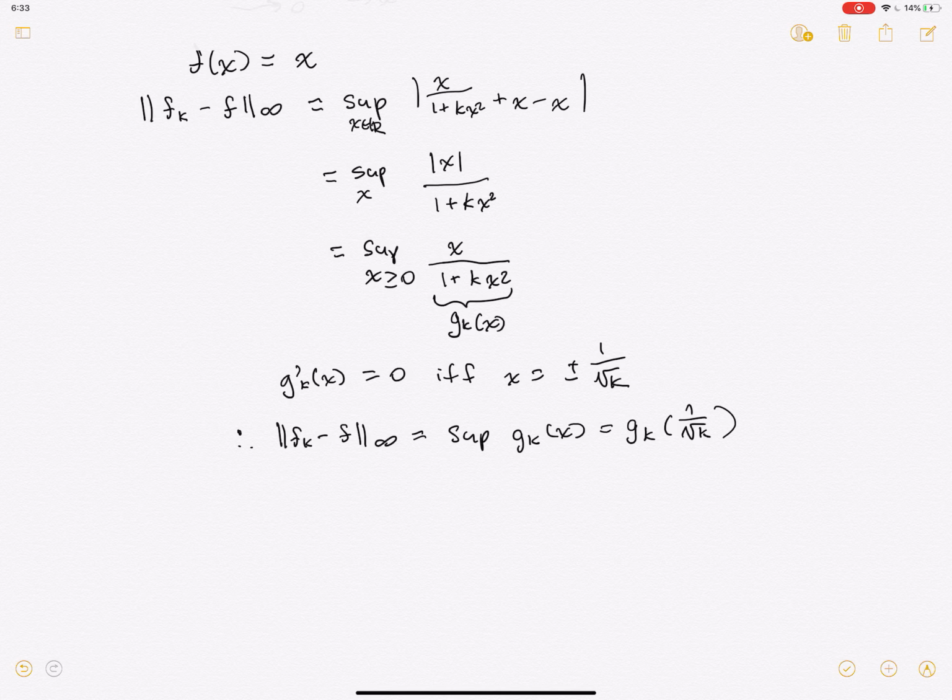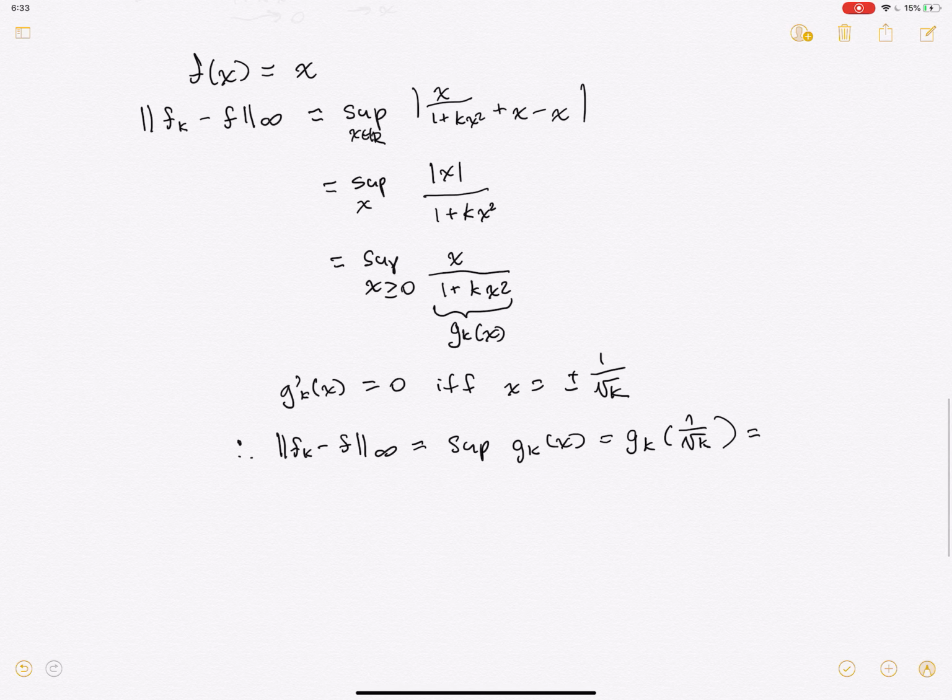So the supremum is attained at 1/sqrt(k), and subbing that into g(x), it'll simplify down to 1/(2 sqrt(k)), and that goes to 0. So the sequence of f_k's converges to f uniformly.